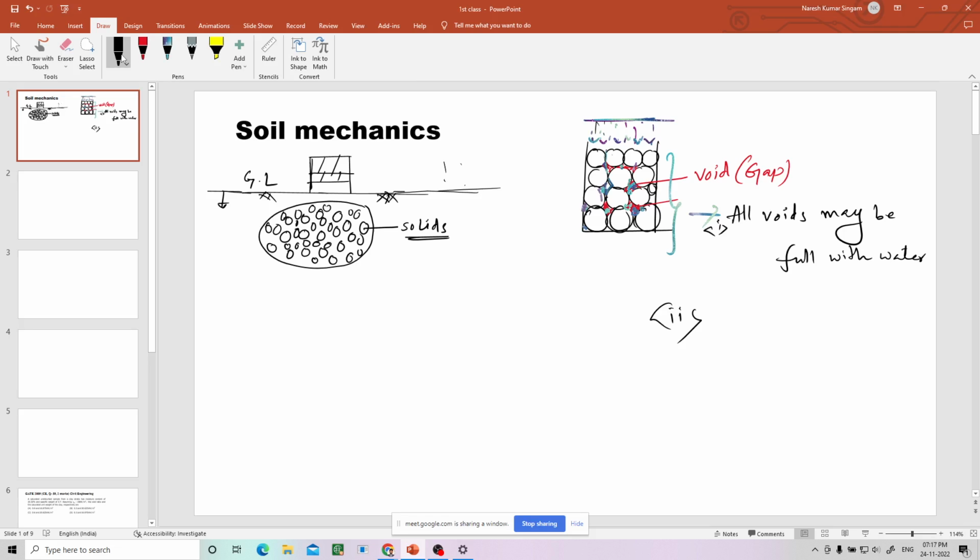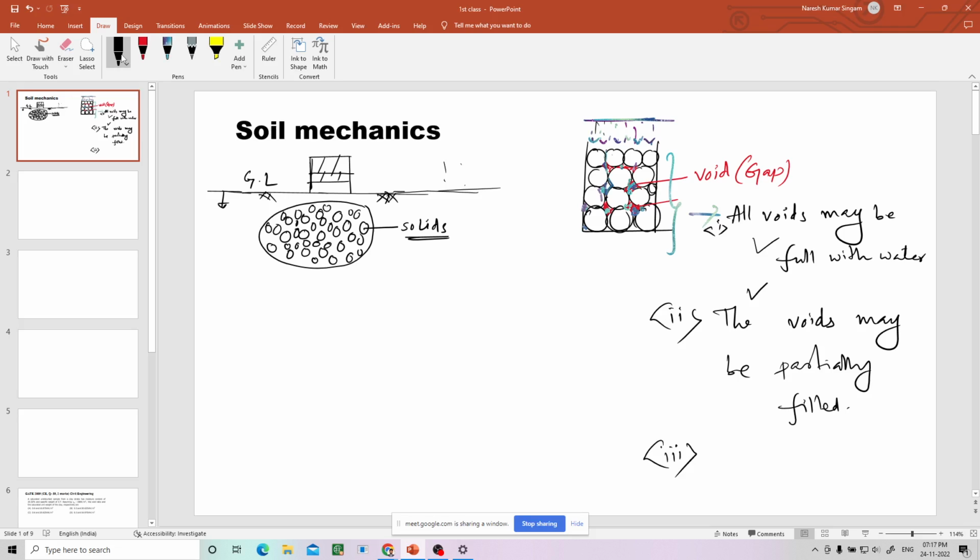Then the voids may be partially filled. That is one condition. Another condition is all the voids may be filled with water.